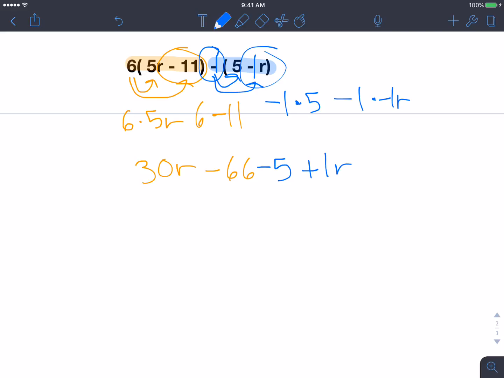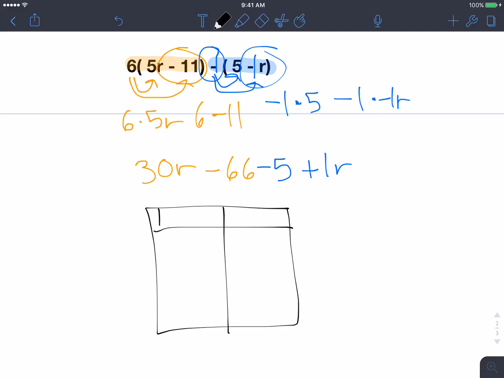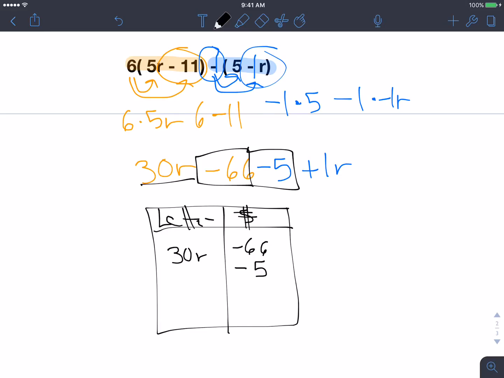Again, I'm going to combine like terms, and I'm going to do it the same way I did last time. I'm going to draw myself out a box, split it in half, letters here, numbers here. 30R, negative 66, negative 5, and positive 1R. I'm going to combine like terms.